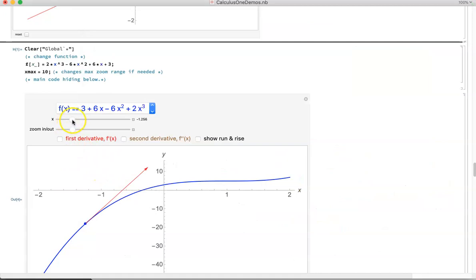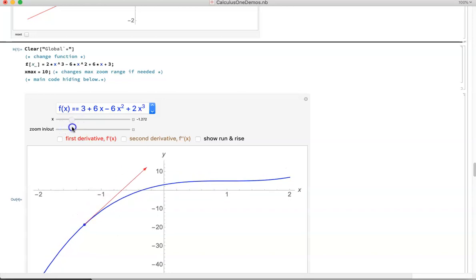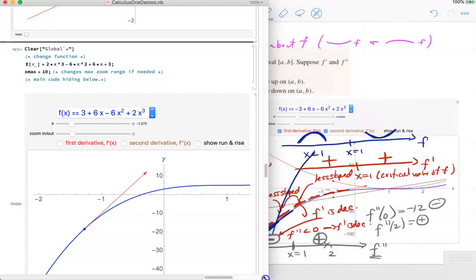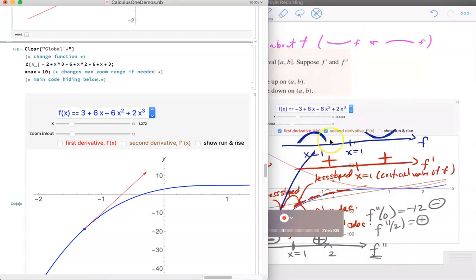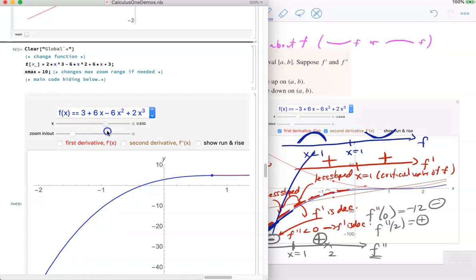Up until x is equal to 1, we can see that the function is always increasing. That's because we found that the derivative was positive when x was less than 1. So the function is increasing, and right here it levels out.